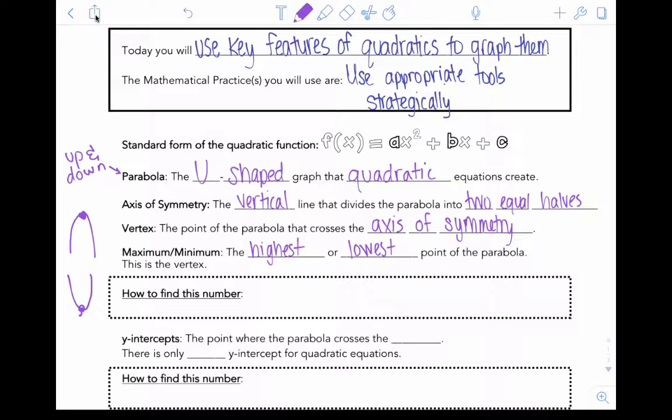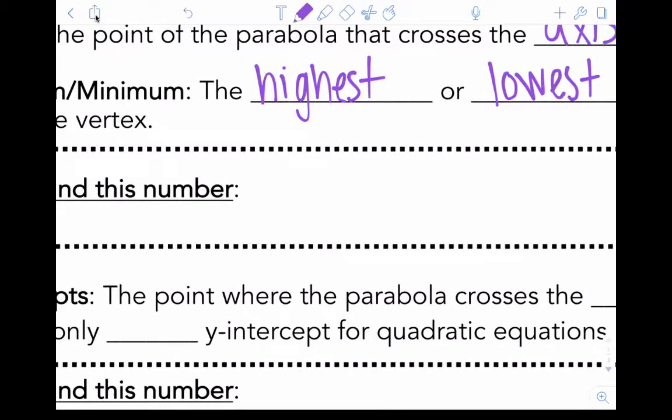So those three things are grouped together because they're all related. We have the axis of symmetry, and then we have the vertex that's a point on the axis of symmetry, and then we have the maximum or the minimum that is actually the same point as the vertex. So how do we find this number? Well, we use negative b over 2a.